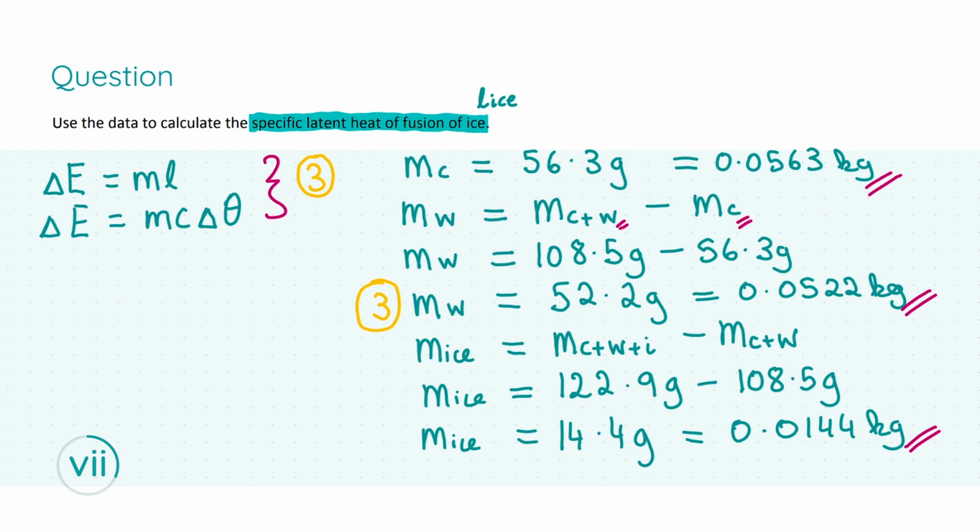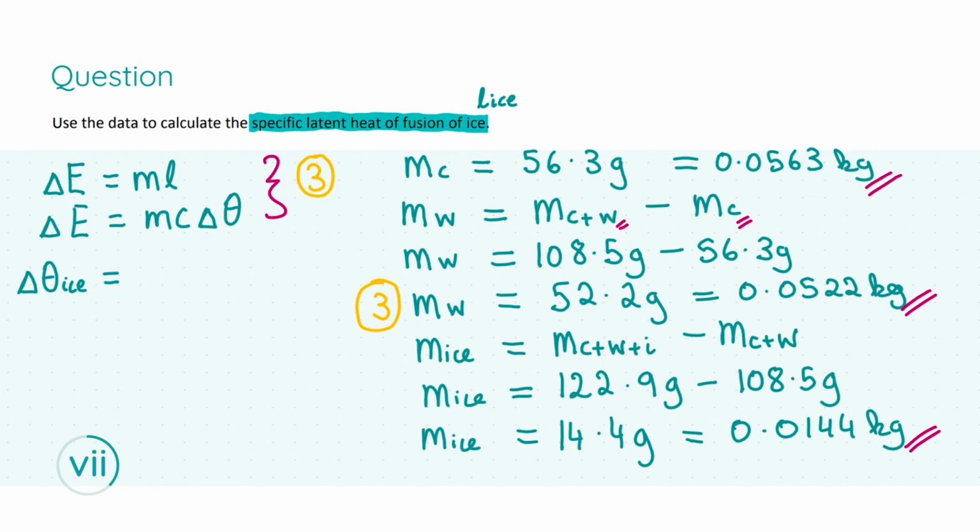Okay, so we calculate all the masses. We're going to have to calculate the temperature changes in the substances that gain heat energy and also lose heat energy. Okay, so we're looking at the temperature change for the ice. Now, the ice itself is gaining temperature, so we're going to subtract the initial temperature of the ice, which is at 0 degrees because it is melting ice, therefore it is 0 degrees, from the final temperature of the ice.